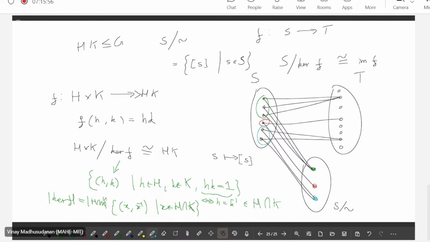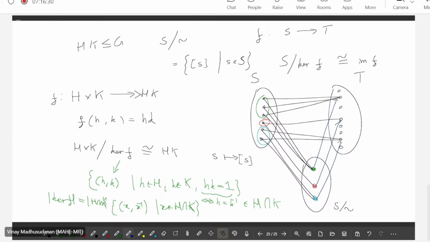So all the elements in the green class are going to the green point in T. So I map that class to the image of that class. It's well defined because by definition they are equivalent if and only if they have the same image. Similarly, the red one gets mapped to this, and the cyan one gets mapped to that.